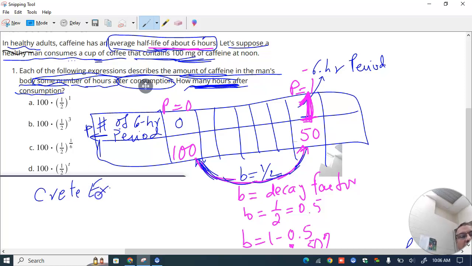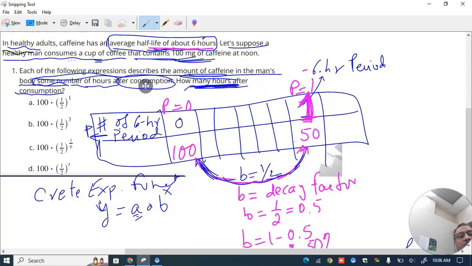Create an exponential function, which is y equals a times b raised to x. But in this case, the a is the beginning amount, and y is the amount of medicine.